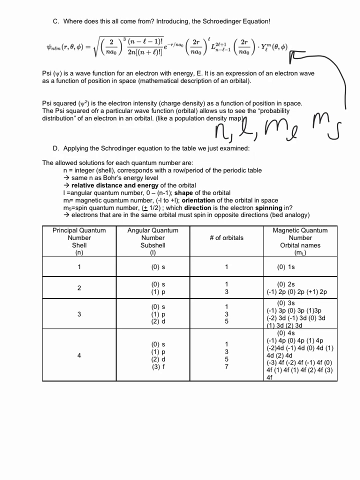We can think of n as the energy level, which corresponds with a row or period of the periodic table. And as we increase in n, we get further and further away from the nucleus of the atom.